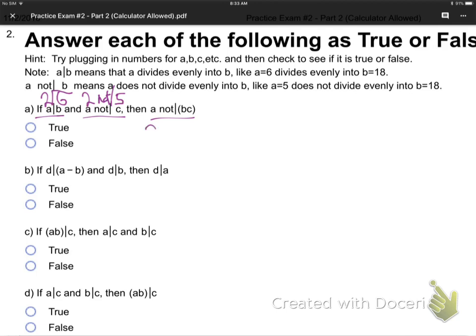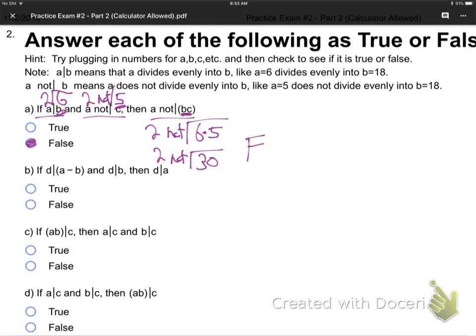Then, let's see if 2 will not go into B times C. I picked B as 6 and C as 5, so 6 times 5. 2 will not go into 30. Oh, no, it does go into 30. That's a false statement. As soon as you get false, you just know it's for sure false, move on, don't even need to give it a second thought.